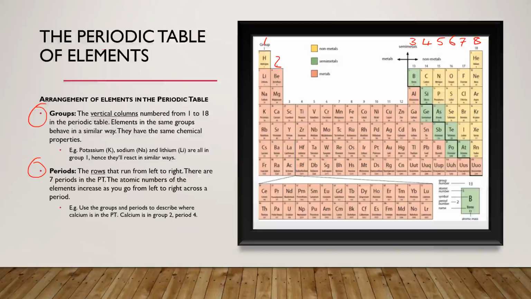It makes things a lot easier just in terms of working in the future with this stuff. So groups are the vertical columns, so as you can see, it's everything going up to down, and that's for groups.